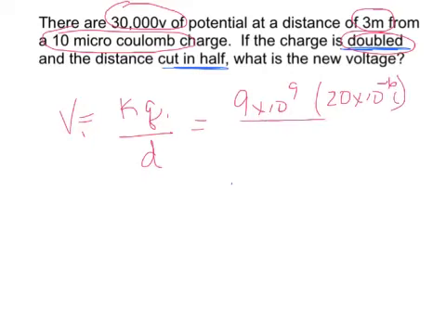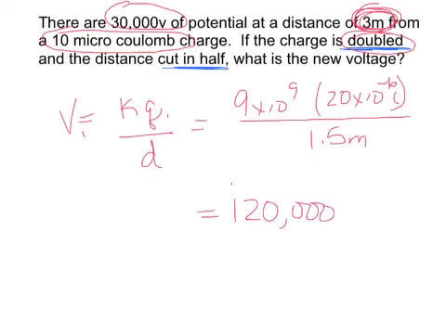And then if the distance were cut in half, the original distance was 3 meters, so to cut that in half, I would go 1.5 meters. And I could go ahead and solve this, and I would end up with a grand total of 120,000 volts.